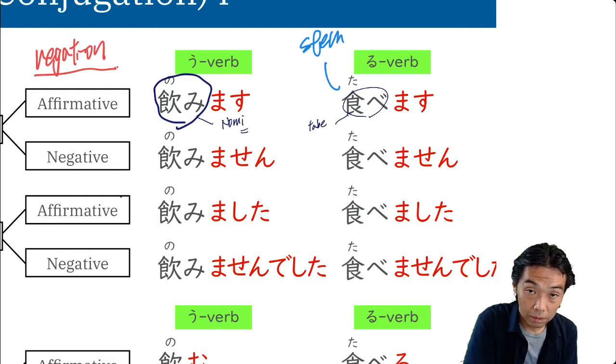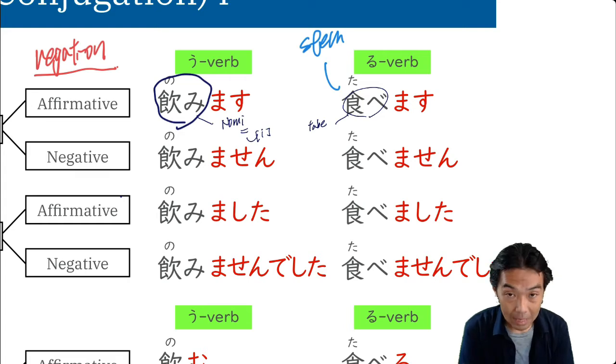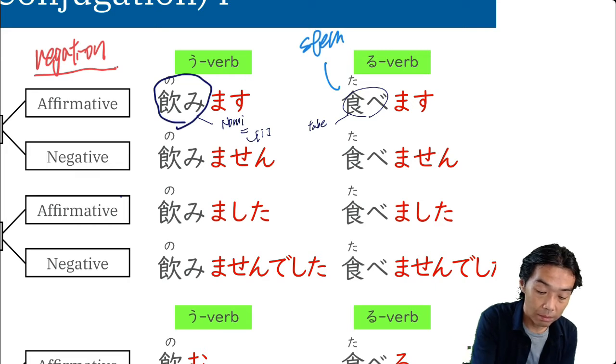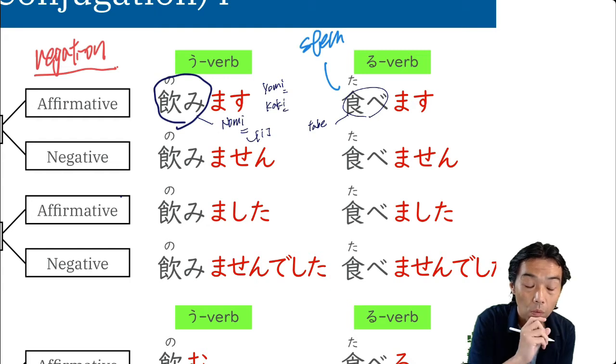Usually the stem of verb ends with I sound. So for example, nomimasu, yomimasu, kakimasu, or other verbs.